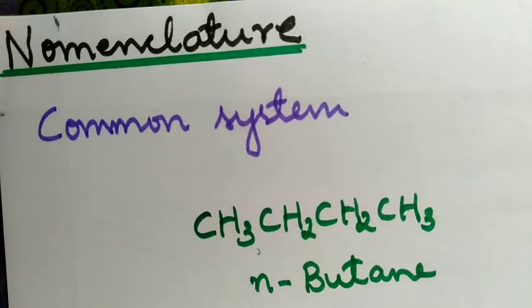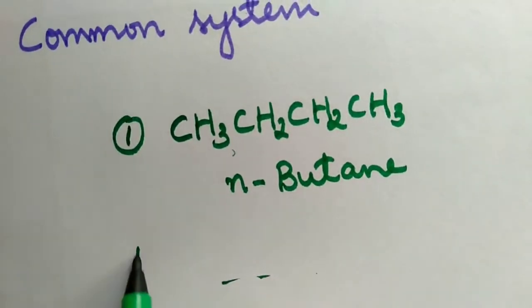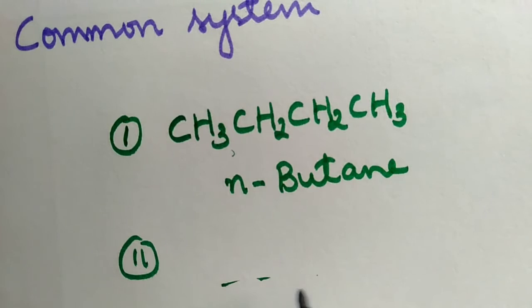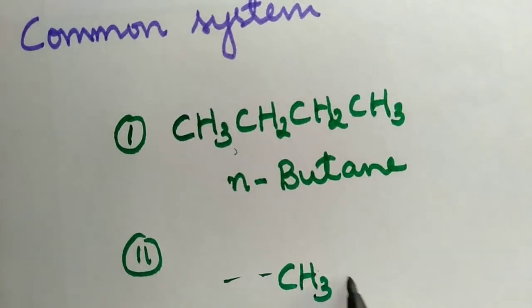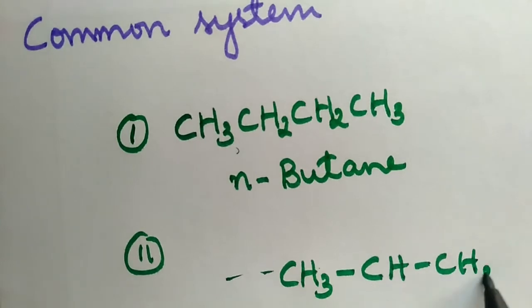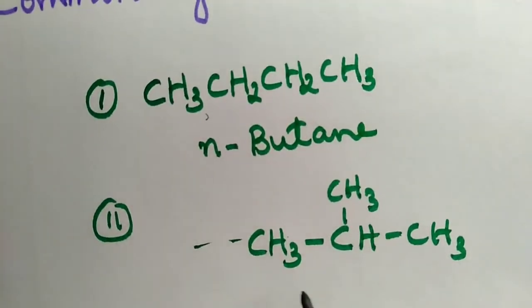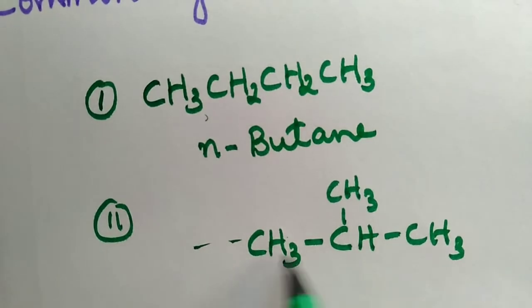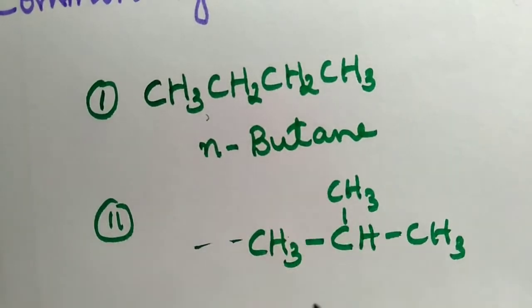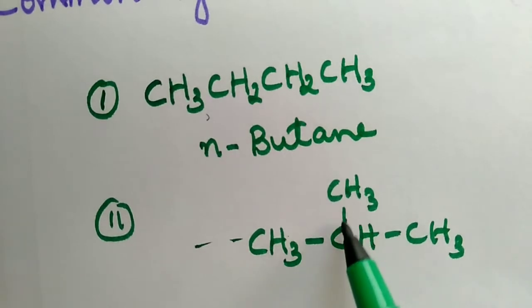Let us look at some more examples. If you look at this one, in this case we have 4 carbon atoms, so it must be butane, okay? But there is a branching here.